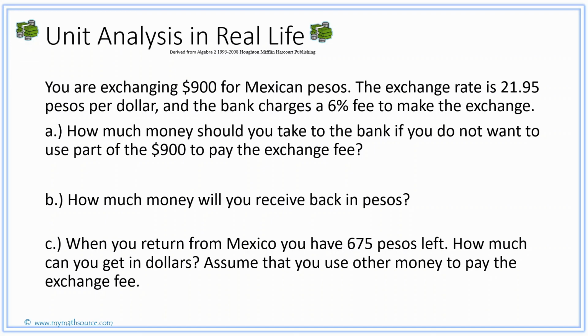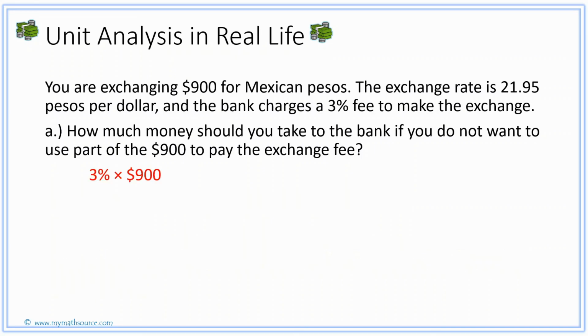All right, so what we're going to do now is find out what would be the rate that I want to have the money at. So once they take 3% off my amount, I still have $900. And so to find that, we're going to do 3% times $900. If you remember this from pre-algebra or algebra, this is how you find out your higher rate.